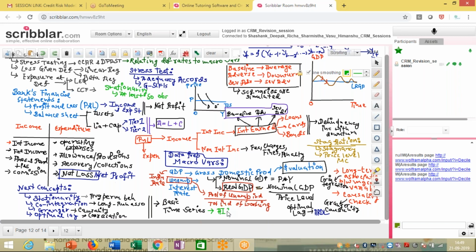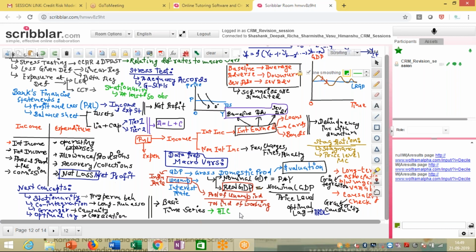AIC requires a minimum of 50 observations to give us an unbiased picture about the information capability of the model, because AIC is directly related to the residual sum of squares. So the lower the residual sum of squares, the lower the AIC value. So this is something that we have over here.